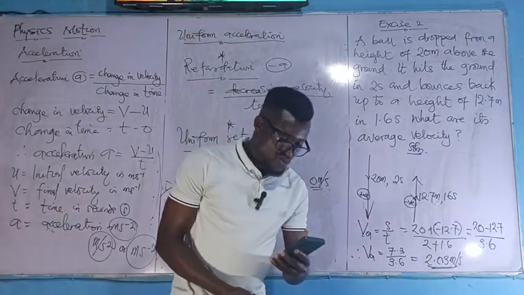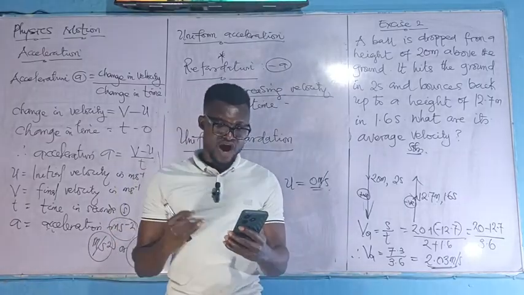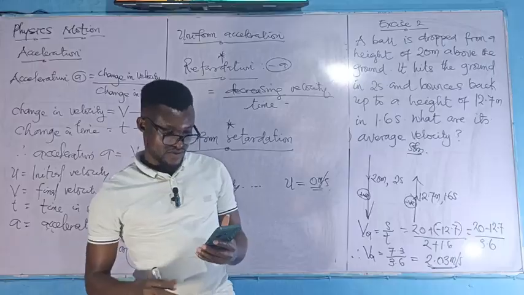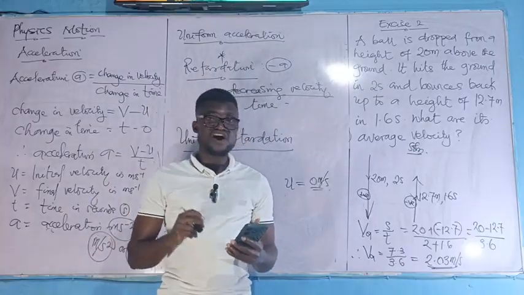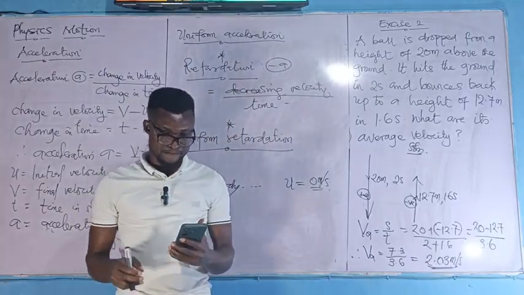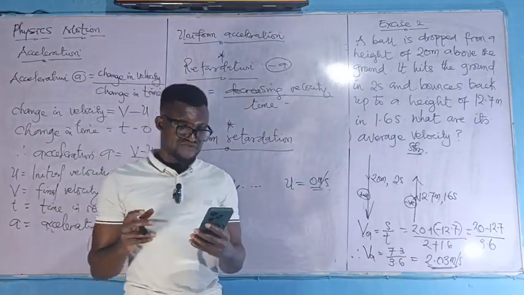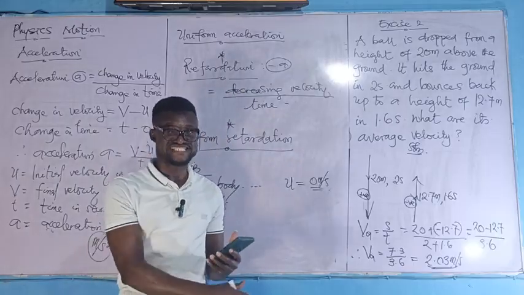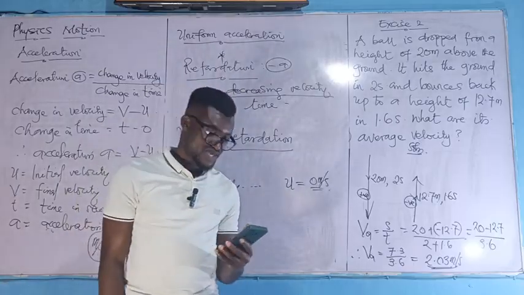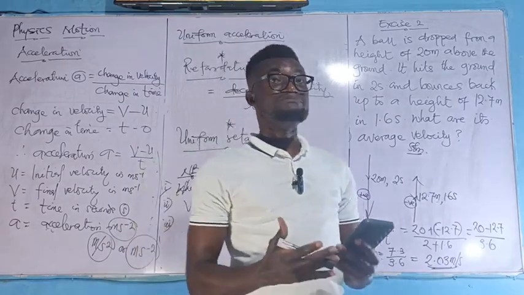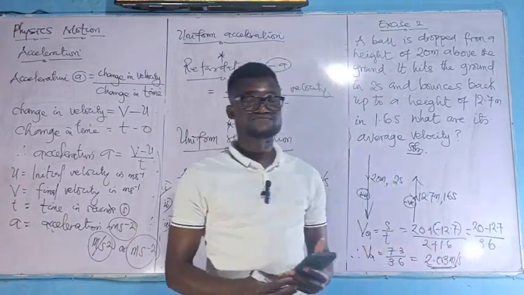Then number three, when the velocity of a moving object decreases, its acceleration becomes negative.